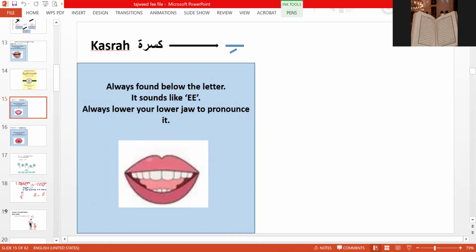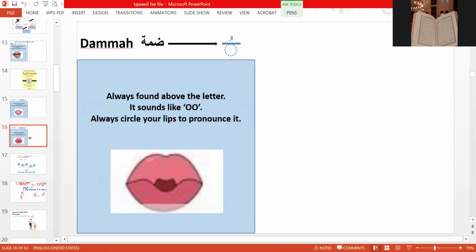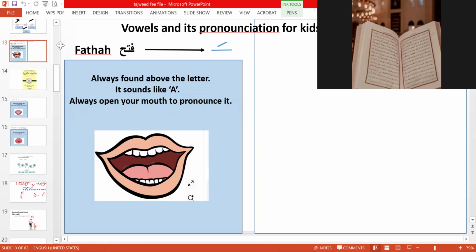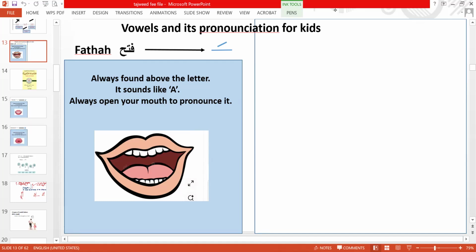Fatha, Kasra, and Dhamma. Now, the basic thing that every student has to remember before pronouncing any letter with a vowel is that there are three vowels in the Arabic language: Fatha, Kasra, and Dhamma.